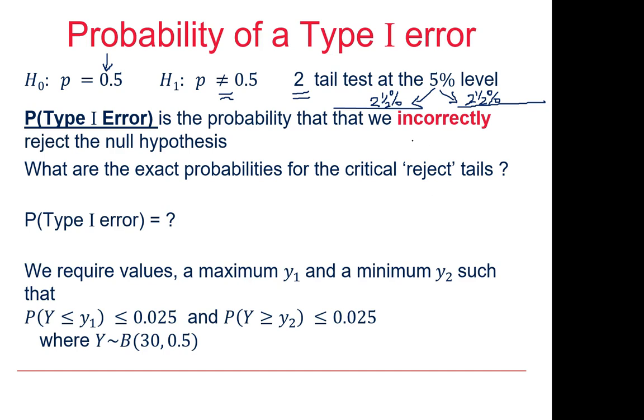And just as before, we are going to need a maximum value at the low end, so the probability of obtaining that value or less is equal to or less than our 2.5% at the low end of our 5% significance, and also a minimum value at the top end, so the probability of obtaining that or something greater than that again is less than 0.025, where we're going to assume the null hypothesis is true and the probability of obtaining a head is indeed just 0.5. The coin is not biased.